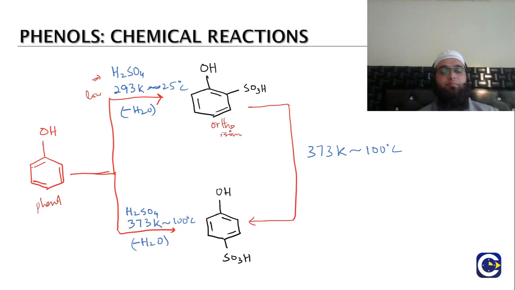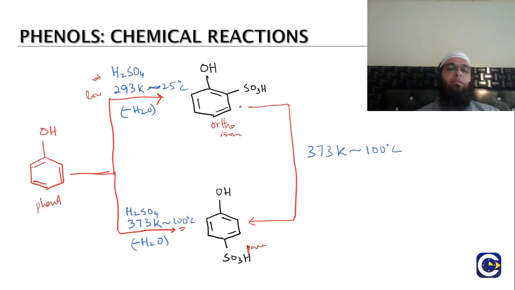This is ortho-phenol sulfonic acid. And if we perform this reaction at a higher temperature, 373 Kelvin, which corresponds to 100 degrees Celsius, then we get the para isomer as the major product. This is para-phenol sulfonic acid.